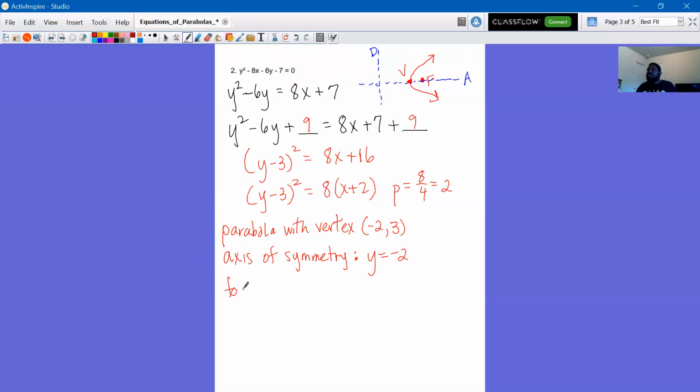My focus is p units to the right of my vertex, so I'm going to add p to the x coordinate, so it's at (0, 3). And then my directrix is p units to the left of the vertex, so it's x = -4. That is our parabola.